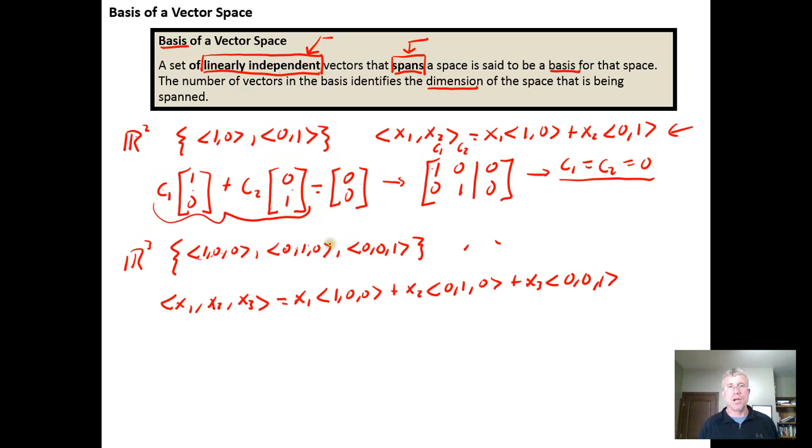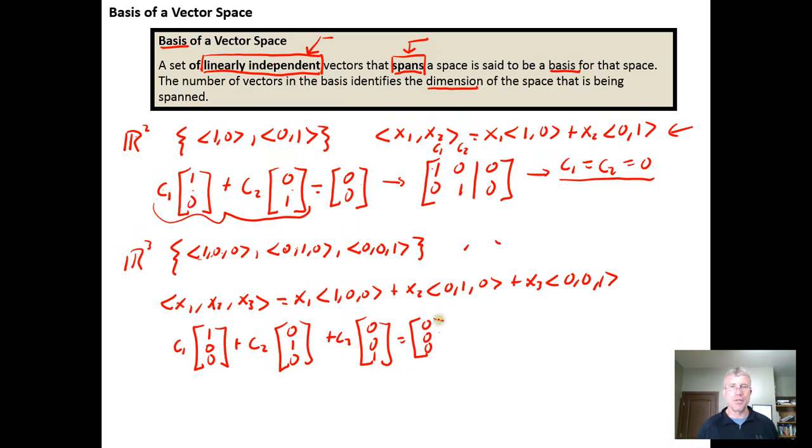And these are linearly independent vectors, because when we take scalar c sub 1 and multiply it by (1, 0, 0), plus scalar c sub 2 multiplied by vector (0, 1, 0), plus c sub 3 multiplied by vector (0, 0, 1), and set that equal to the zero vector in R3, it is easy to see that the only solution to this system of three equations in three unknowns is the trivial solution: c sub 1 equals 0, c sub 2 equals 0, c sub 3 equals 0.